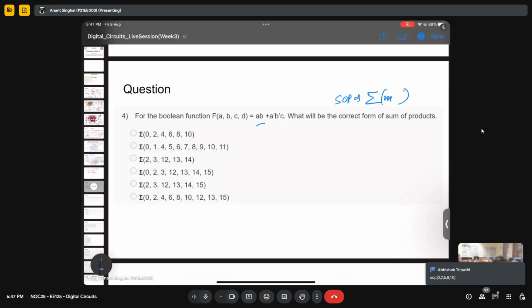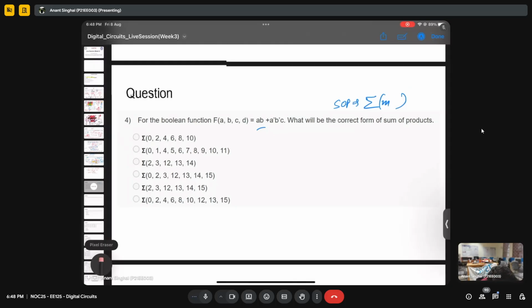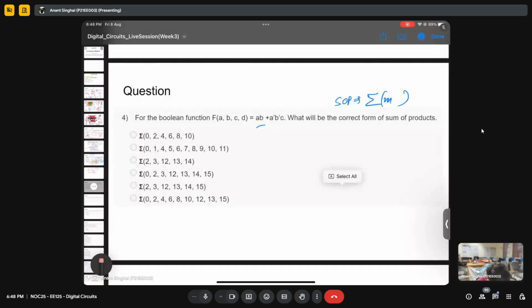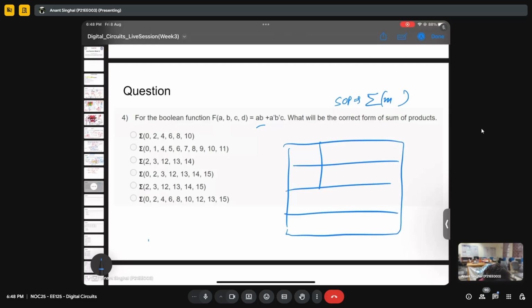Okay, so I've got one answer, 02689. Let me do that. ABCD means A bar B bar, A bar B, A B, and A B bar, and C bar D bar, C bar D, C D, and C D bar.